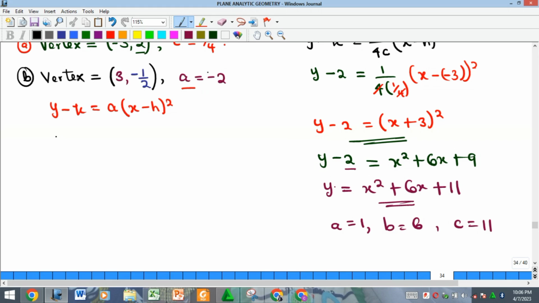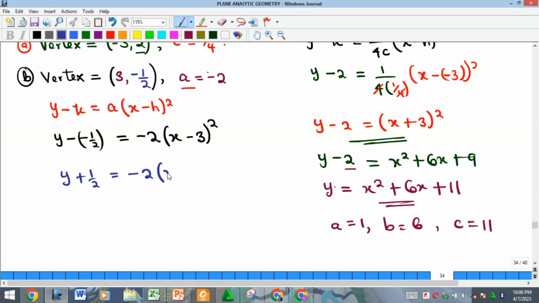And this is going to give us y is equal to a, which is negative 2, into the bracket of x minus our h, which is 3, and that is all squared, which is going to give us our y as plus half, and that is equal to minus 2 into the bracket.